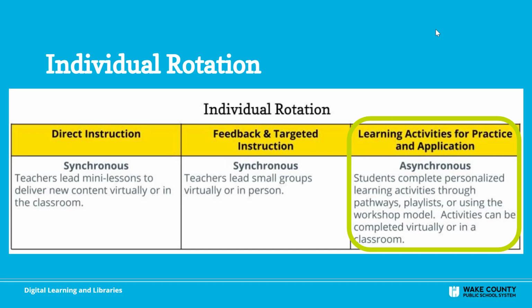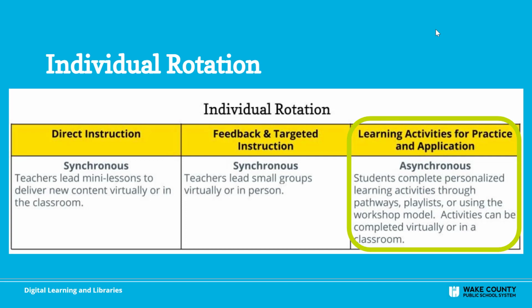the workshop model. And how this is different than the station rotation is in the station rotation, groups of students move from one rotation to another together. So there is that inherent collaboration feature that can be built in to station rotations as students are doing the same activity. With individual rotation, students get choice to sort of go on their own path or make choices for themselves.